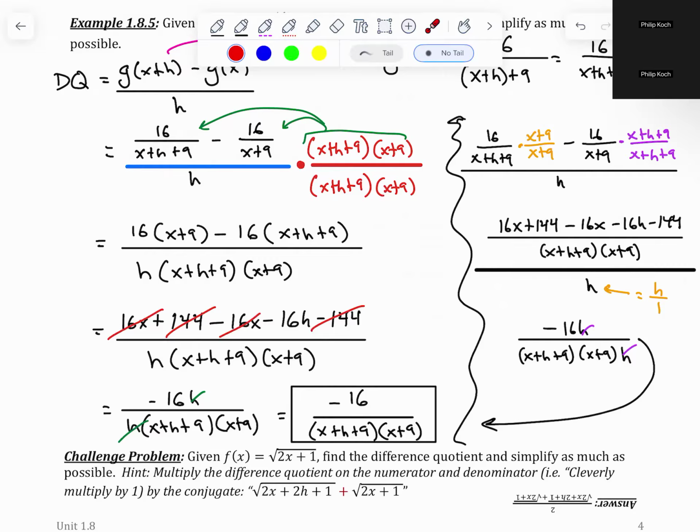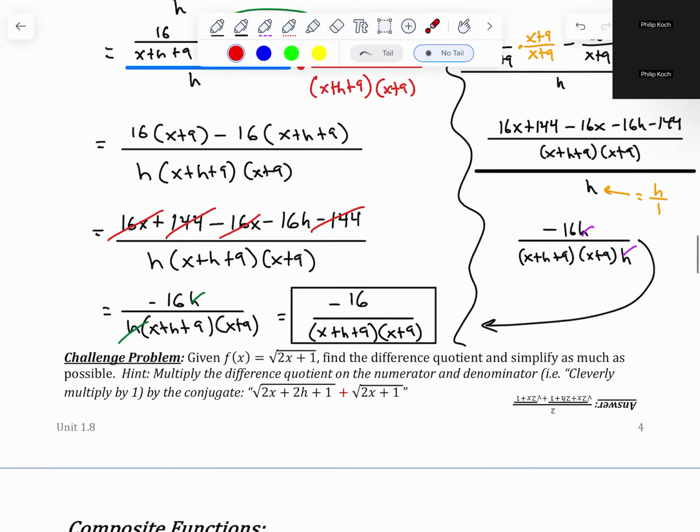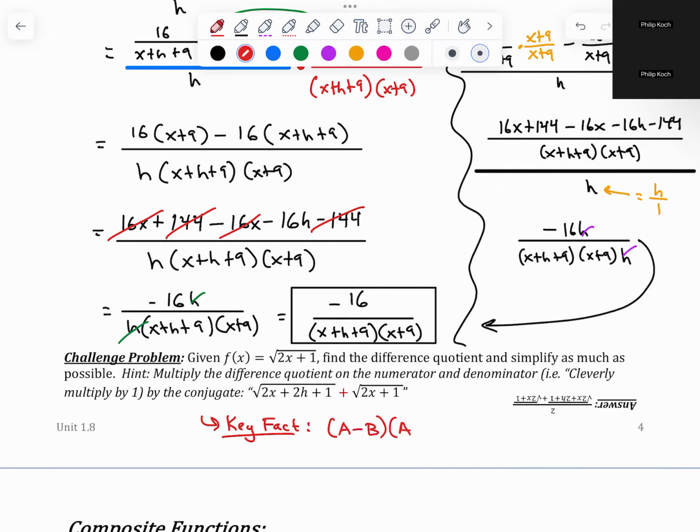Then there's this challenge problem. I encourage you to do it. I have a hint here, and it's to multiply by the conjugate. And the reason for that, the key fact that you need to know is that if you have a plus b and a minus b, it doesn't matter which one comes first, but if you have a minus b times a plus b, that becomes a squared minus b squared.